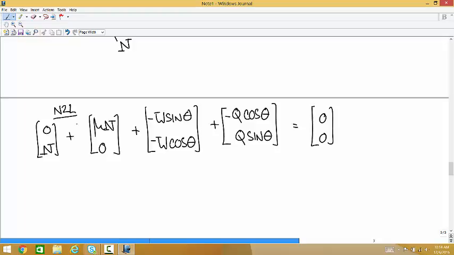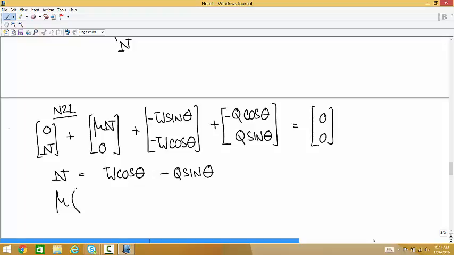And now we just have to simplify those, solve for Q. The normal force is equal to negative W cosine theta plus Q sine theta. Plug that into the first equation. Okay, that's the last mistake I'm making this semester. This is minus. Okay, plug it into the first equation.